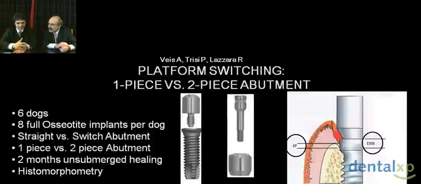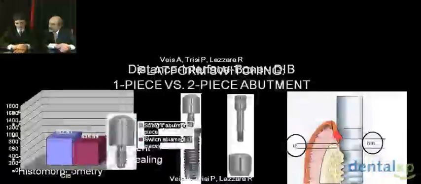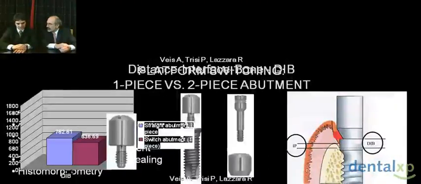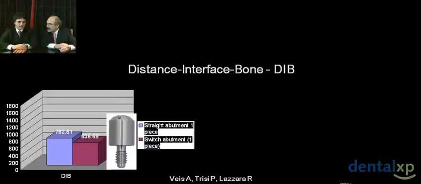We let healing for 2 months without loading, of course, and then we did all the morphometric analysis under the microscope. And the striking result is that switching platform does not make any difference if you use a 1-piece abutment. You have the same amount of bone loss in the first 2 months, it is 0.6, 0.7 millimeter.